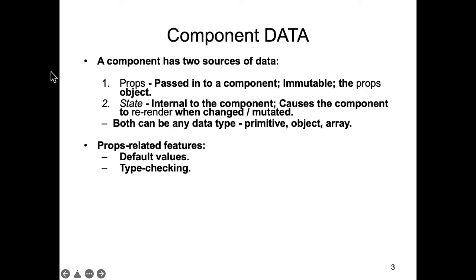But what if, by accident or purposefully, you don't pass certain props into a component? Is the component just going to die as a result? It would be nice if a component could have default values for props, just in case it doesn't receive them from whoever uses the component. So how do we declare default values for props? I'll show you how to do that.